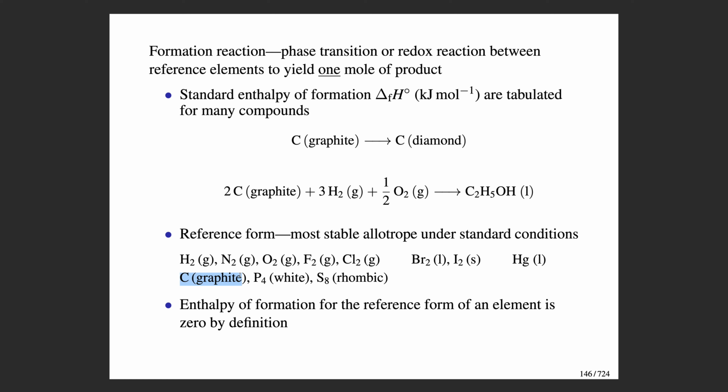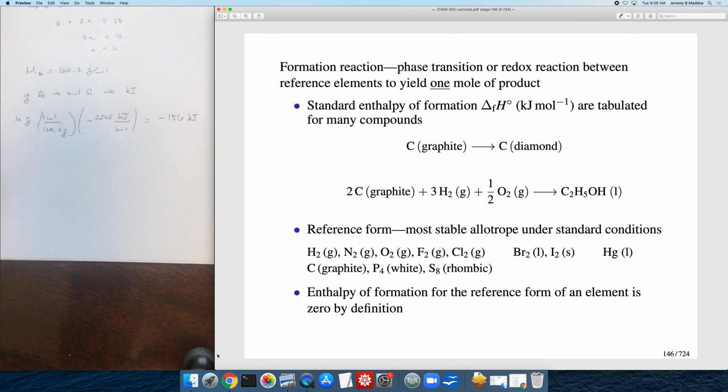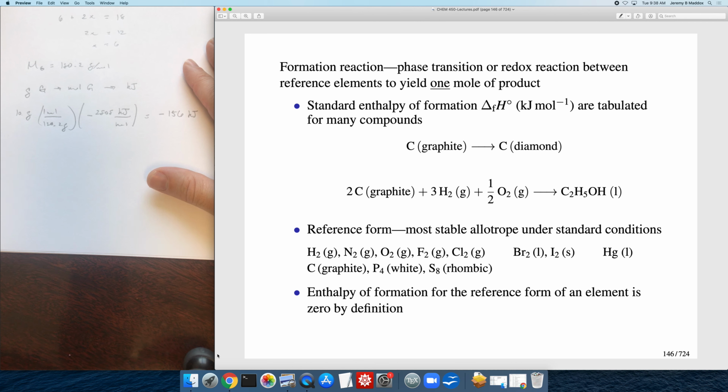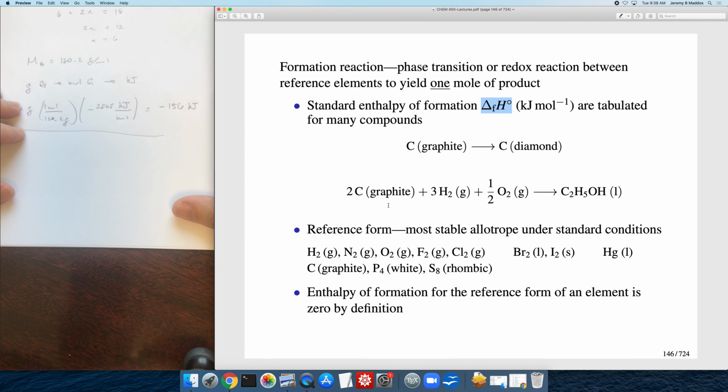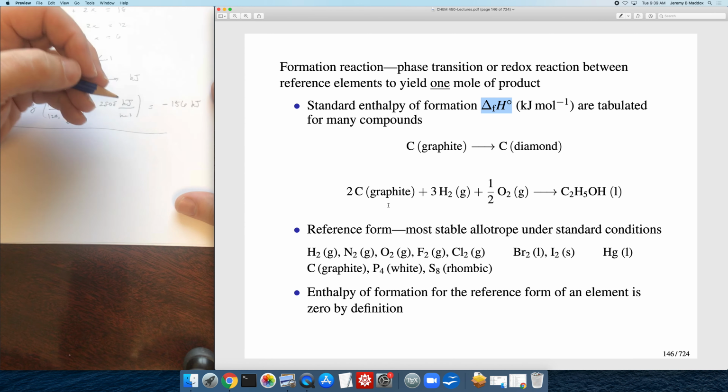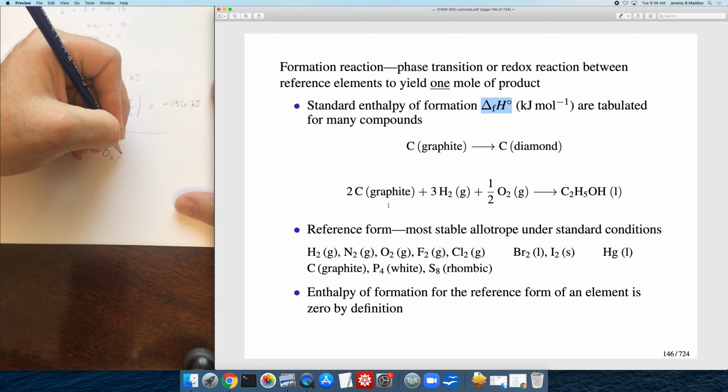Let's see, this last point here. This is just pointing out that if you're talking about an element in its reference form, the enthalpy of formation, this delta H subscript F, for an element in its reference form is by definition 0. Let's take oxygen, for example.